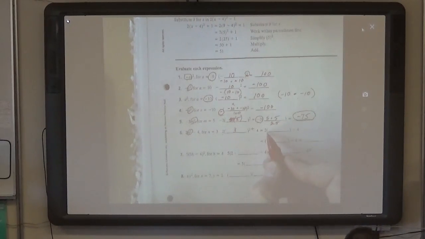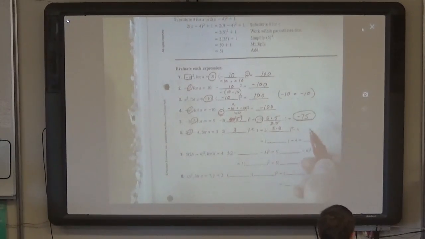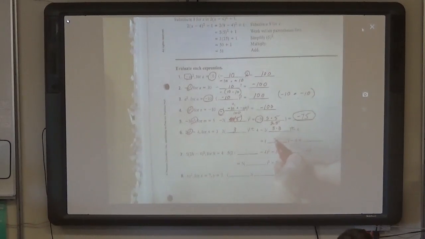So 2 times 3 squared plus negative 4. 2 times 3 squared, because n is 3, plus negative 4. Which is 2 times 9, 18, plus negative 4. 3 times 3 is 9, which is 14.